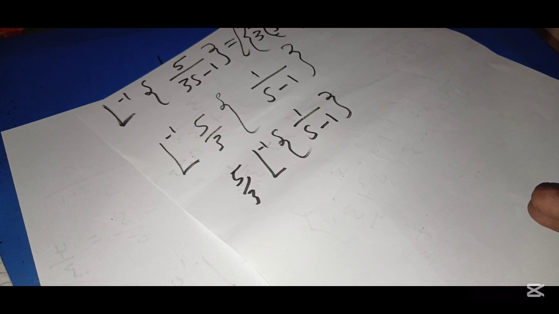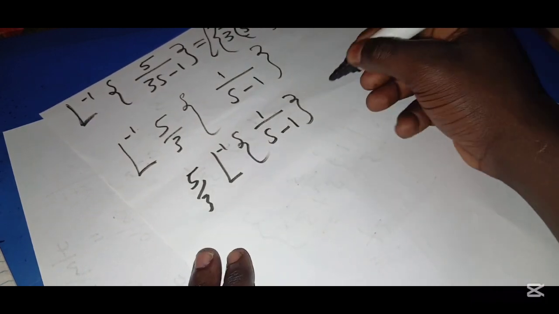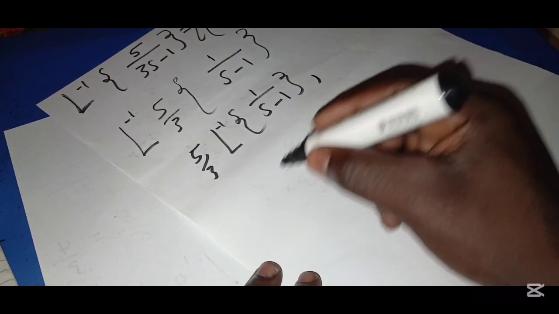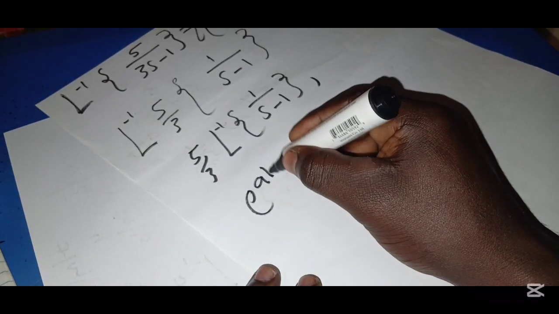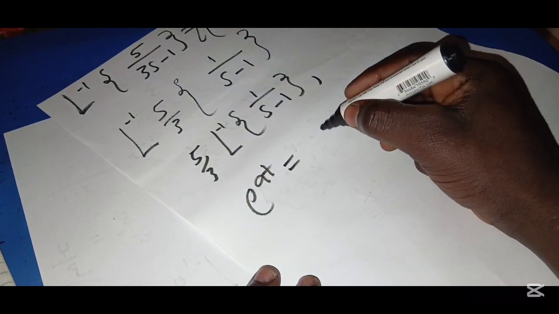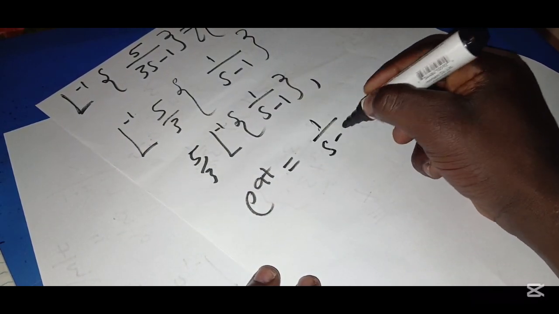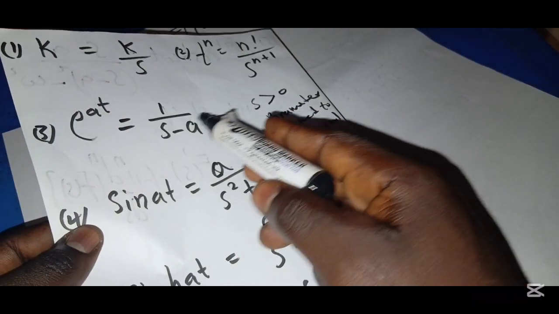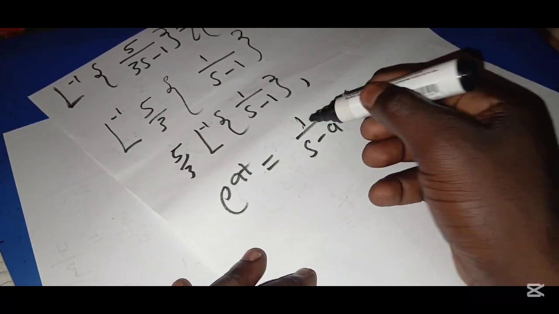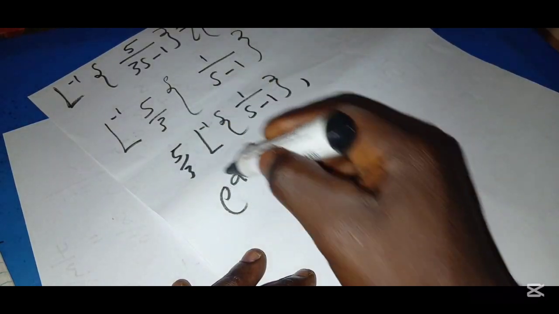So looking for the basic or the elementary Laplace transform, I could see that this is an e to the power at function, which equals 1 over s minus a, right? So there is a need to know the basic elementary Laplace transforms, right? So in this case, I want to convert a function of this form back to this form.